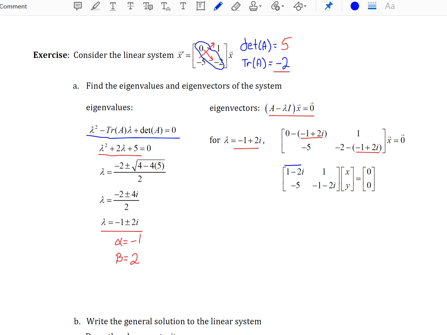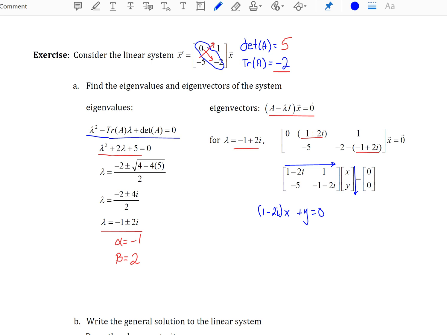That tells us the only row we need to use is the first row. So let's look at the first row times this vector. And this will give us the equation (1 minus 2i) times x plus y equals 0.